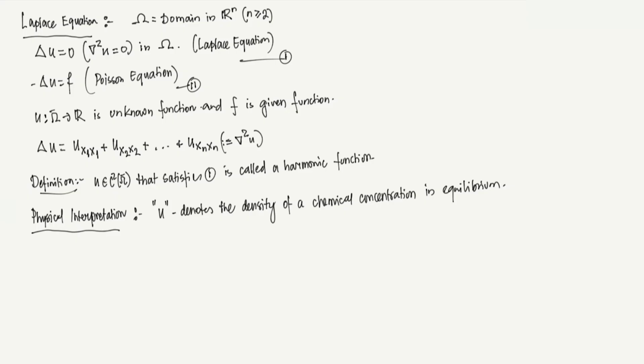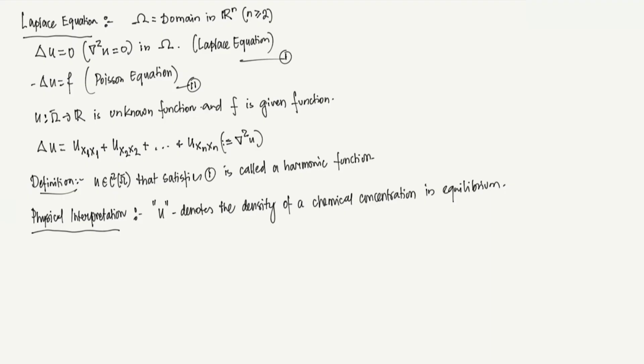So when the waiter is pouring one liquid over another, then with time there is a chemical reaction going on, so they are mixing with each other, and after some time it actually comes to an equilibrium. It does not mix anymore, and it creates a very nice looking drink.